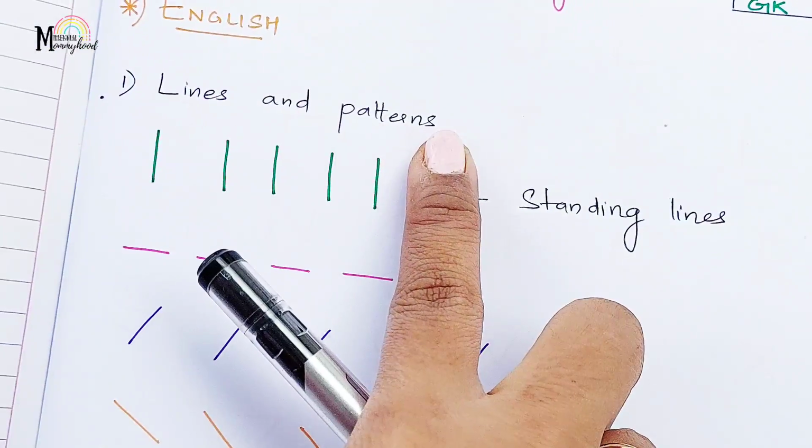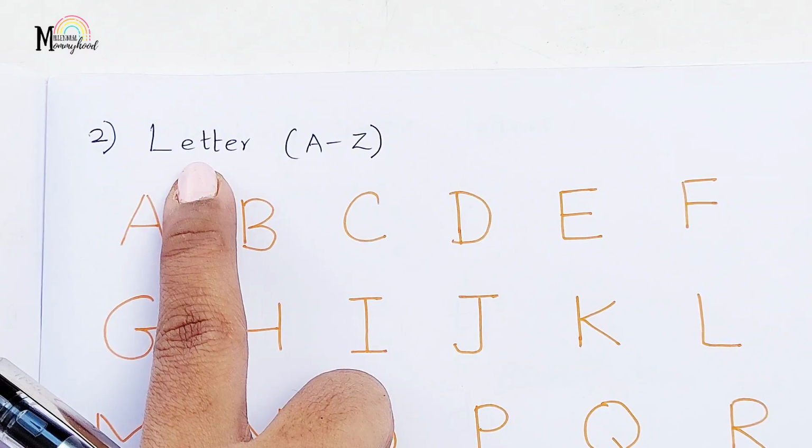So these lines and patterns actually help your child to write numbers, letters and everything which will come after that.